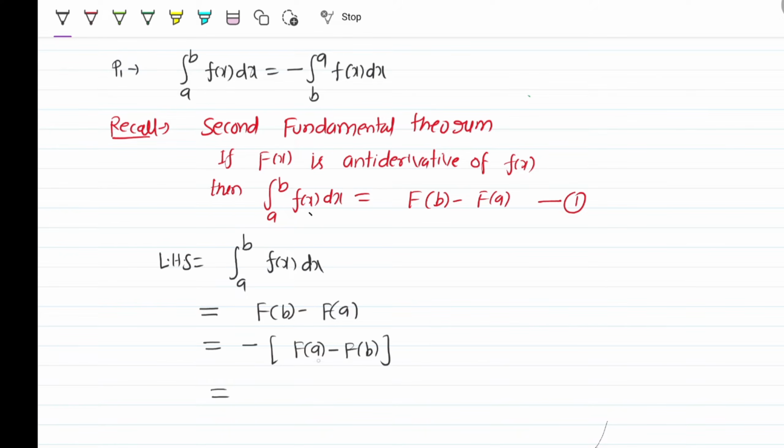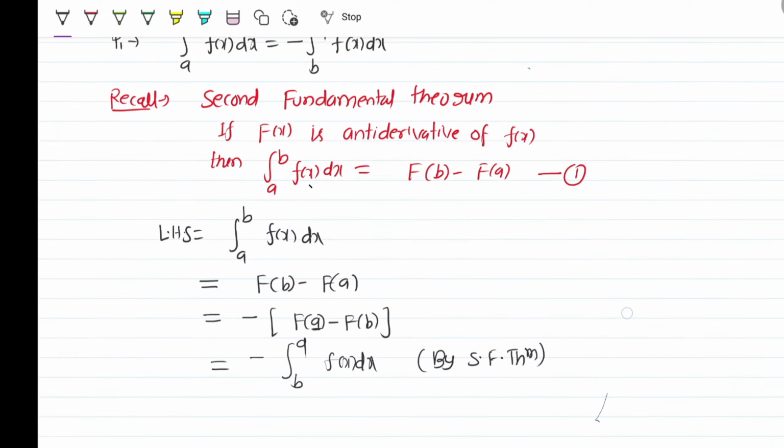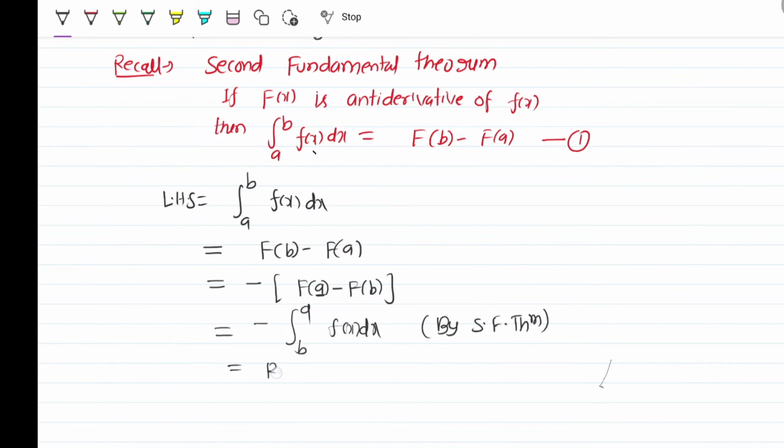Now again apply this fundamental theorem, so it would be minus integral from b to a f(x) dx. How? By the second fundamental theorem. And which is your right hand side. Okay, hence proved.